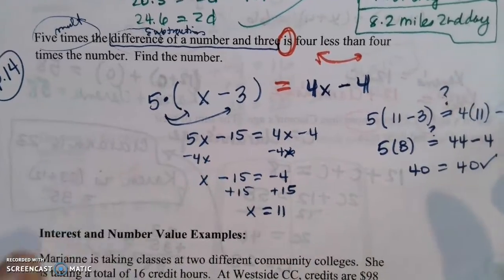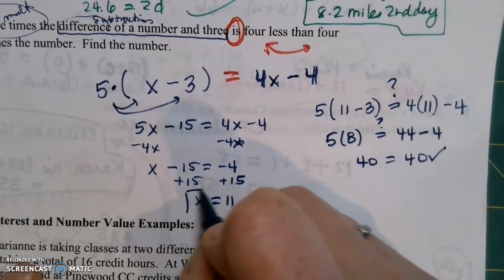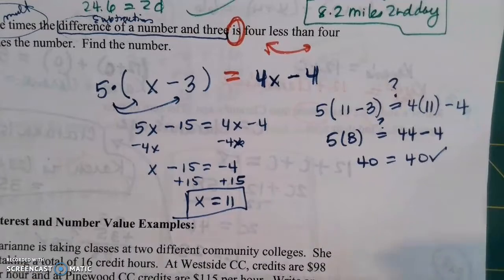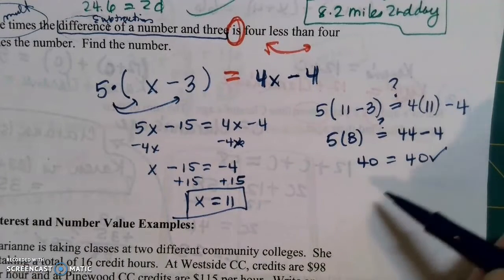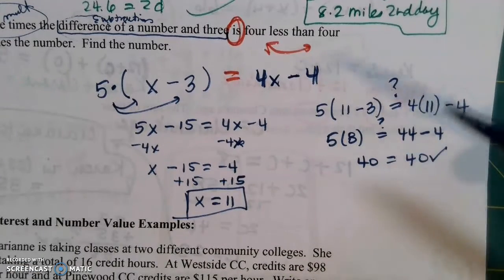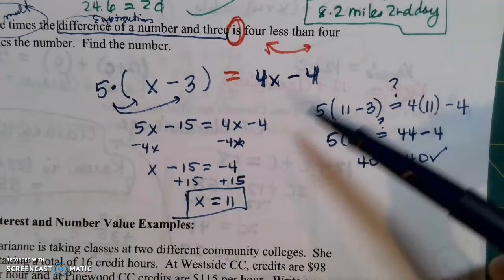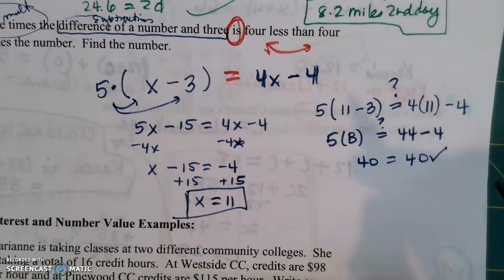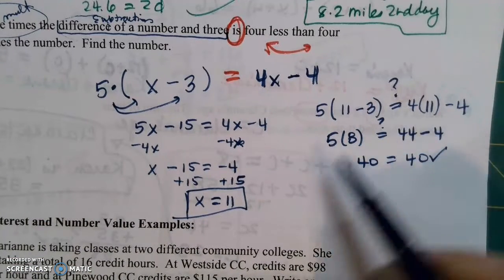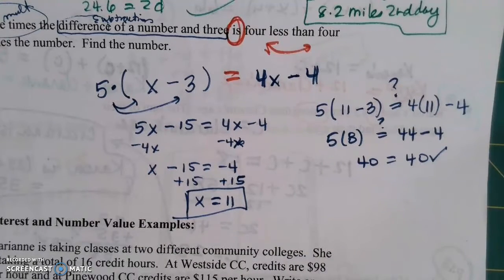So yeah, it does. It checks out with my equation that I came up with. So if you get something that is not a true statement here, then either you did some arithmetic incorrectly or perhaps you have something incorrect in your original equation. So just use that as a guide to help you know if you're on the right track.